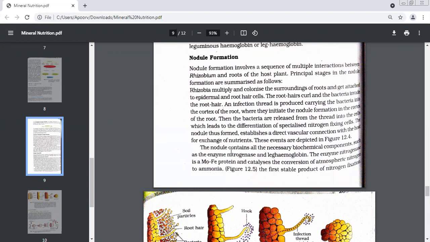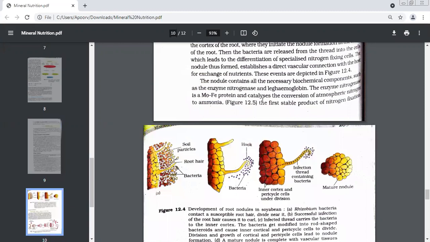Which enzyme actually helps in converting nitrogen to ammonia? Nitrogenase. It's actually a protein with which elements? Molybdenum and iron. What is the first stable product of nitrogen fixation?